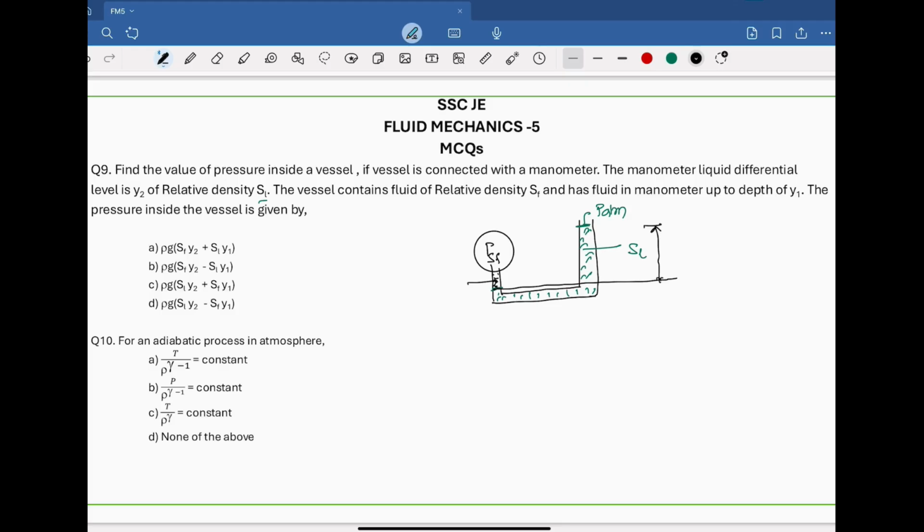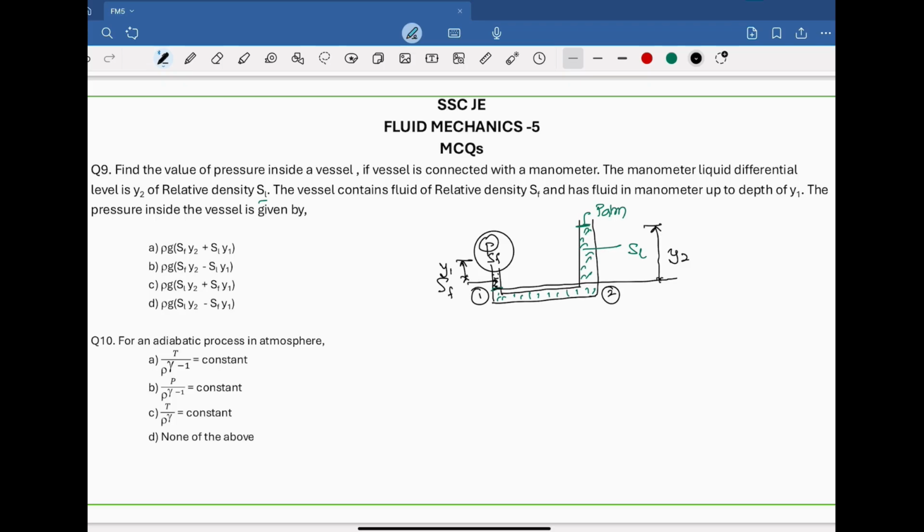This is of liquid SF, this is of SL, this is point 1, this is point 2, and from atmosphere to point 2, this SL height is Y2, and the fluid in the manometer is up to a depth of Y1. This is Y1. Now we have to find the pressure P in the vessel.